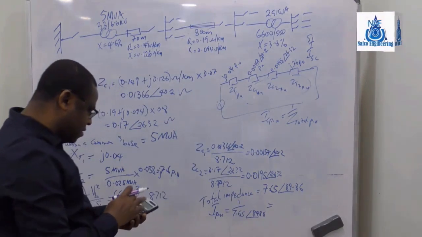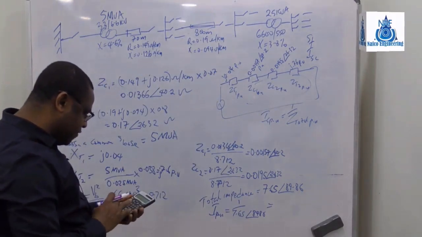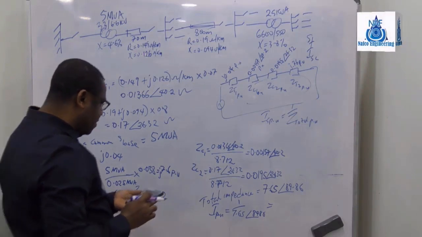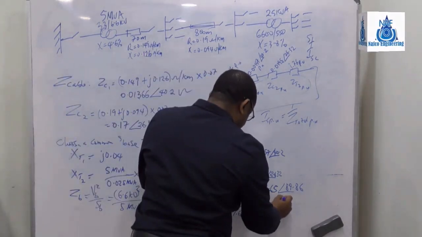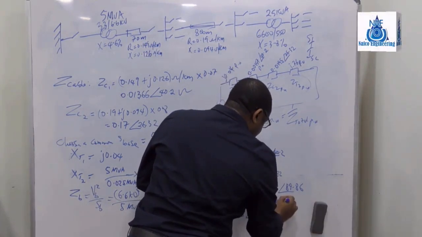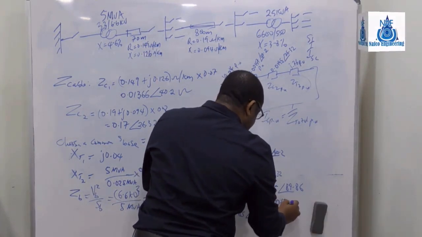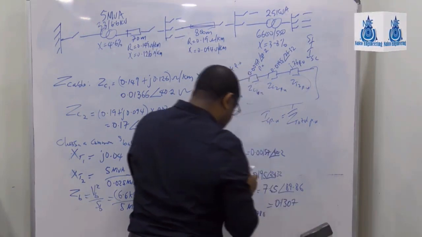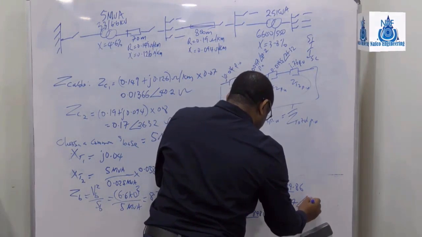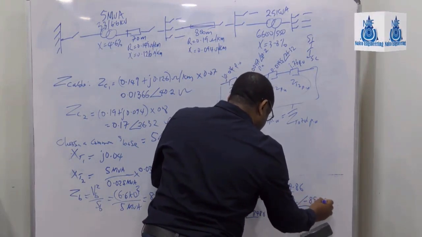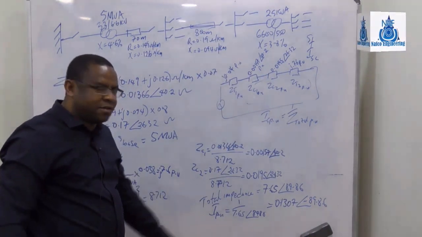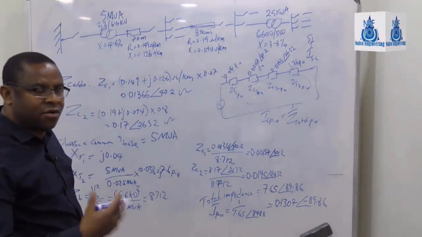So 1 divided by that will give you 0.1307 with an angle of minus 89.86. Now this is in per unit, so you must convert it to amperes.